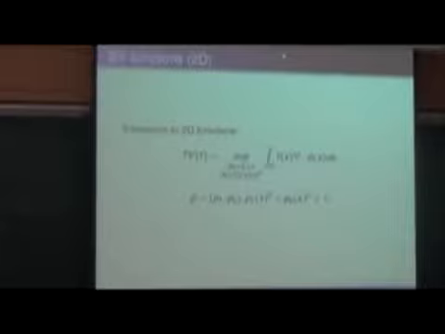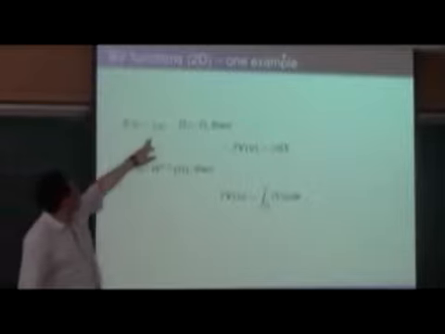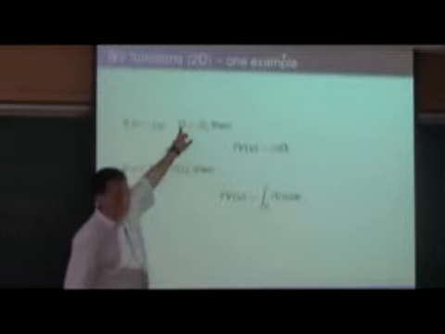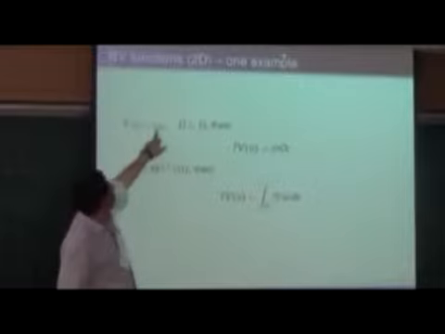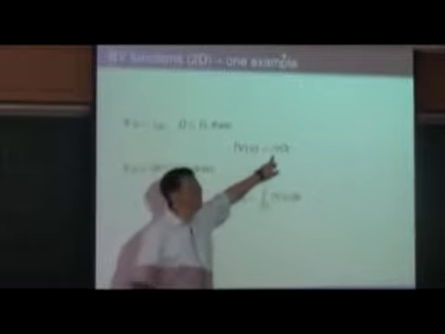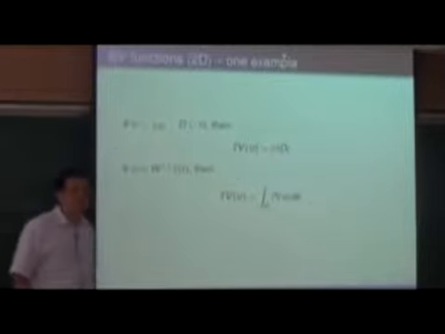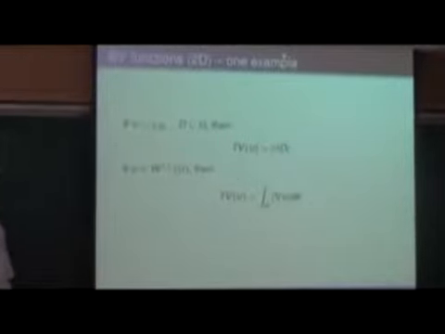If you use this definition and take the characteristic function of a subdomain D of the bigger domain omega, then the total variation of this function will be exactly equal to the length of the boundary.